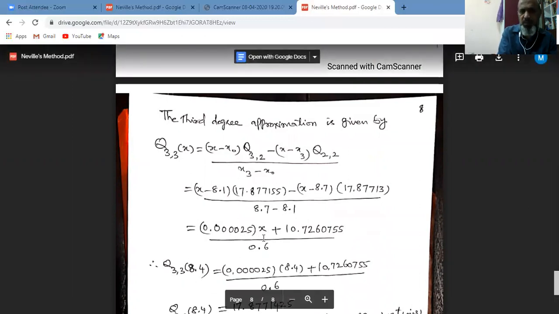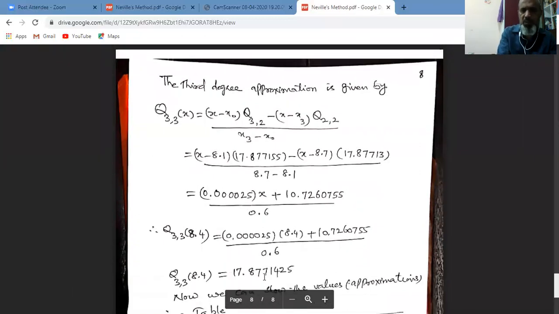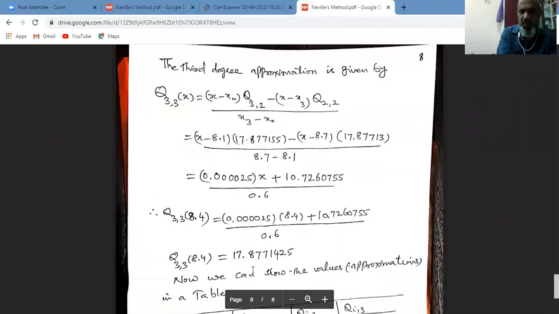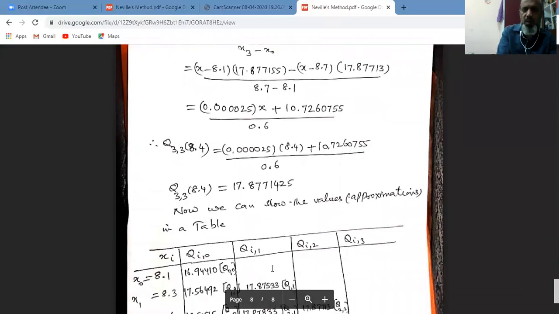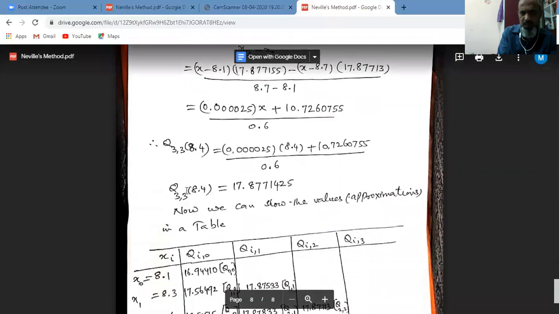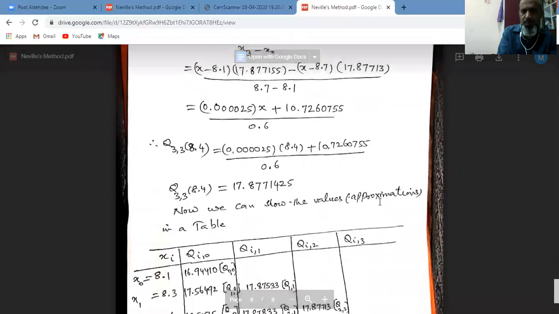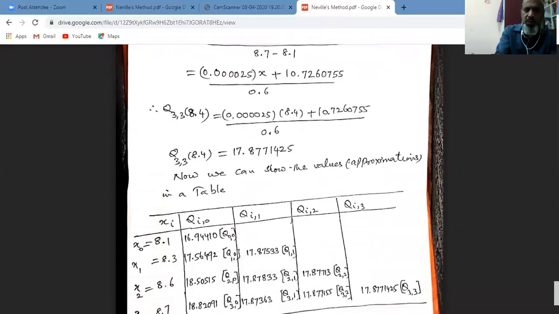So in place of x, if we substitute 8.4, we get Q33(8.4), the third degree approximation at x equal to 8.4, which is 17.877142. So after getting all the first degree, second degree and third degree approximations, we can tabulate the values as shown in the table.